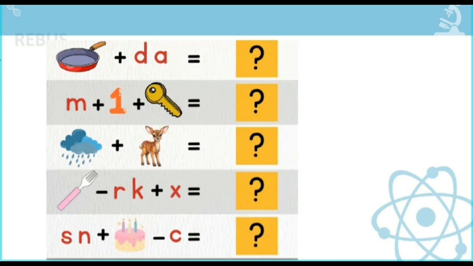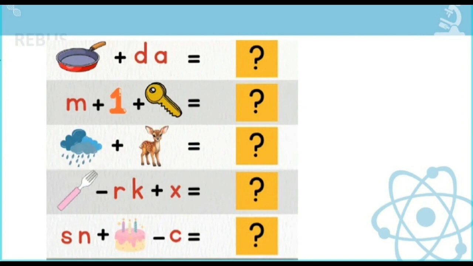For example, what is this? Very good. A panda. How about the second one? Yes, it is a monkey. The third one? Great, it is a reindeer. The fourth one? A fox. And the last one? A snake.